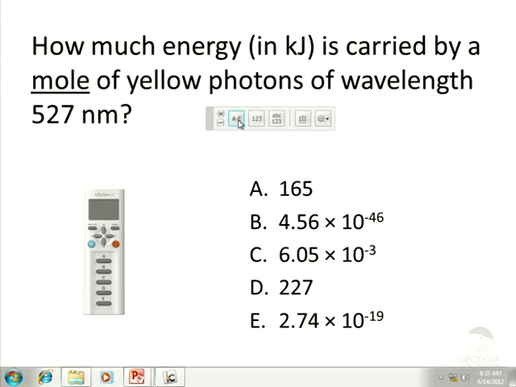We multiply that by the speed of light, 2.998 times 10 to the 8 meters per second, and then divide by the wavelength, 527 times 10 to the negative 9 meters. We have to turn nanometers into meters.